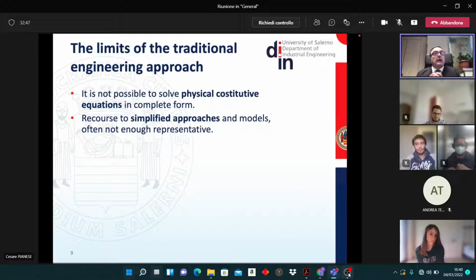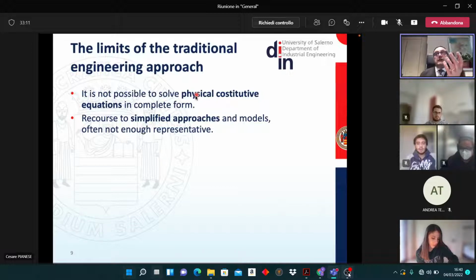So you should move towards numerical analysis, and in most cases it's not possible to solve physical equations like 3D Navier-Stokes equations in a complete form.